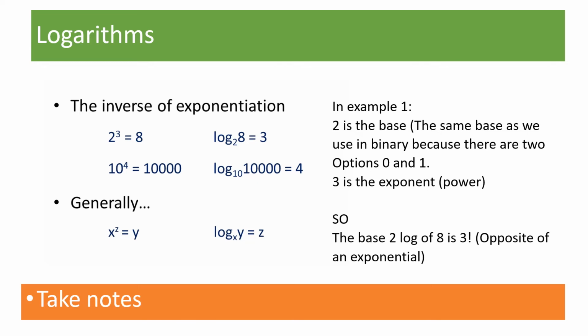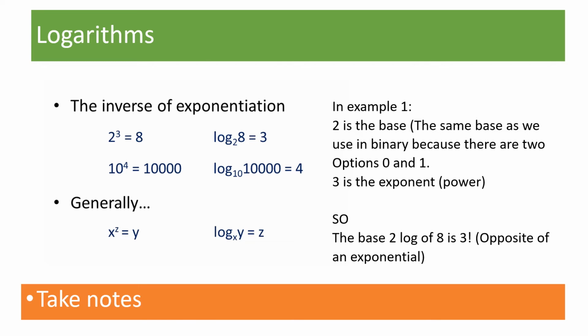But before we actually look at that, let's have a look at what a logarithm is. Now let's think of an exponential. 2 to the power 3 is 8. Hopefully we should know that. When we think about binary, 2 is the base. There are two options, a 0 and a 1.